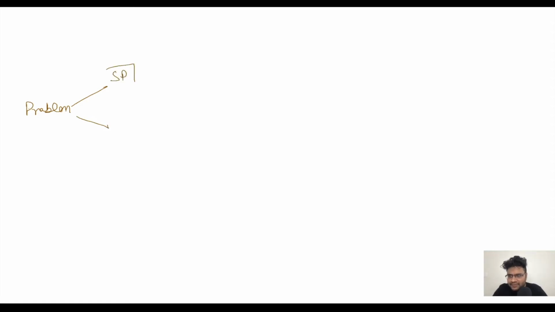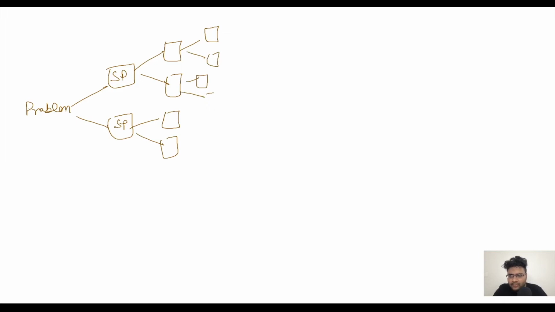This is a SP, which is a sub problem. This again will divide into two parts. Let's suppose this is again a sub problem. This will again divide into two parts. Now at this stage, let us suppose my sub problem becomes solvable. How do we solve them? Let's suppose we are reaching a solution here.